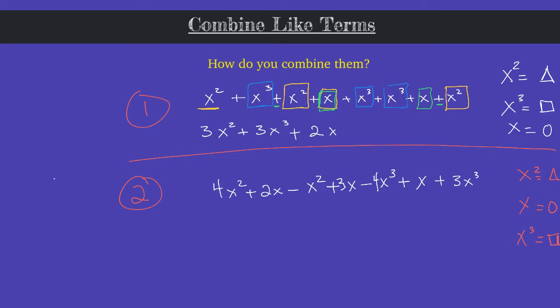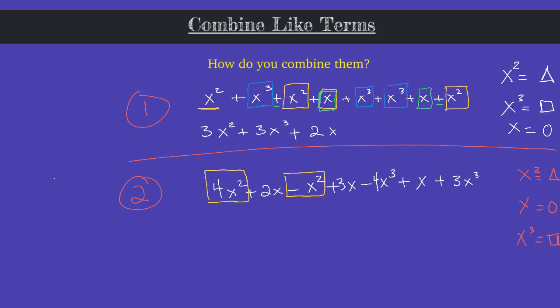So let's keep going. Let's look at all of the x squared terms. 4x squared is here, and there's also a minus x squared. Now keep in mind the sign that's in front of the item goes with the item. So what this is saying is I have 4 x squared terms, and I am going to take away one of those x squared terms.